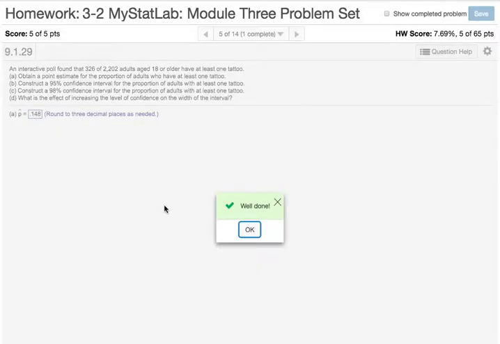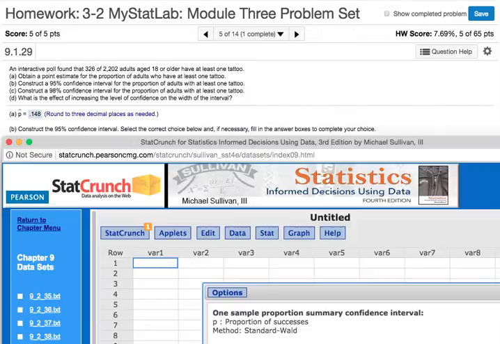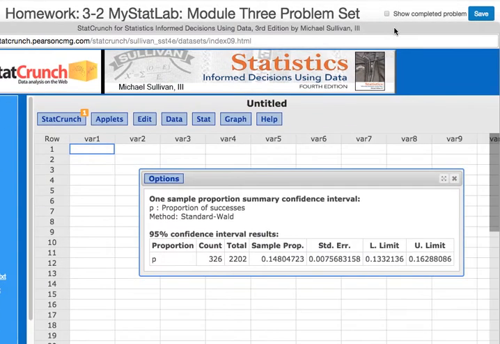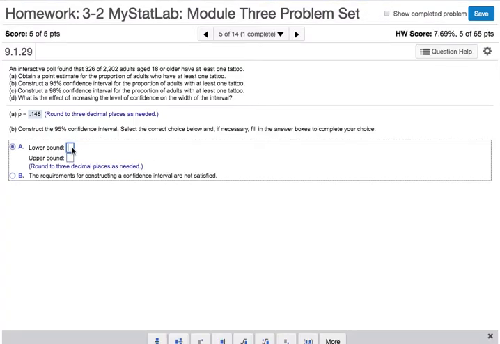And then that worked out. Then the lower and upper bound for the 95% confidence interval would be 0.133 and then 0.163, because we're rounding to 3 decimal places. 0.133 and 0.163.